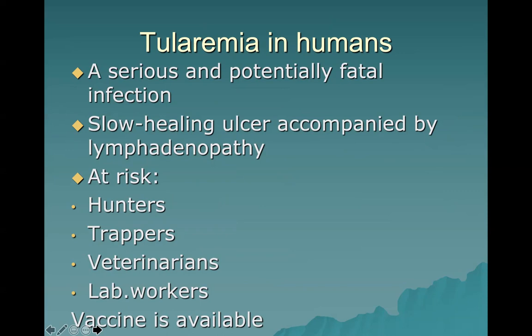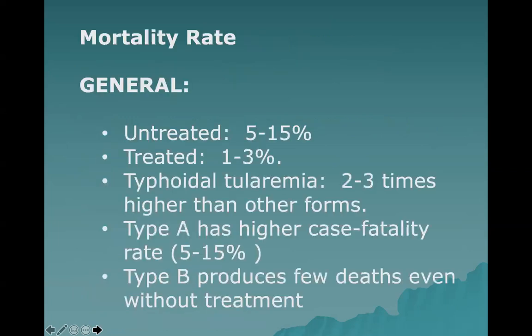This is a serious and potentially fatal infection in humans, which involves a slow healing ulcer accompanied by lymphadenopathy, or inflammation of the lymph nodes, or what we call buboes. Who are at risk to acquire the infection? Hunters, trappers, veterinarians, laboratory workers. In humans, there is a vaccine available for protection.